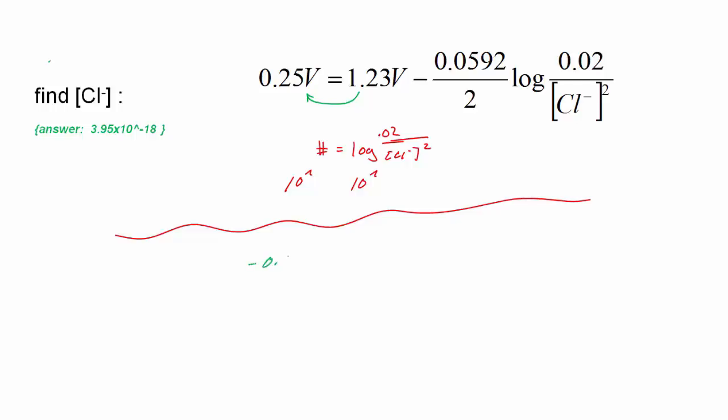So negative 0.98 equals negative 0.0592 over 2 times log of 0.02 over chloride squared. So let's bring the 2 to the top, the negative 0.0592 to the bottom. Negative 0.98 times 2 divided by negative 0.0592 is about 33.108.